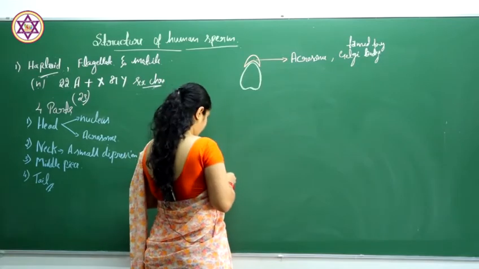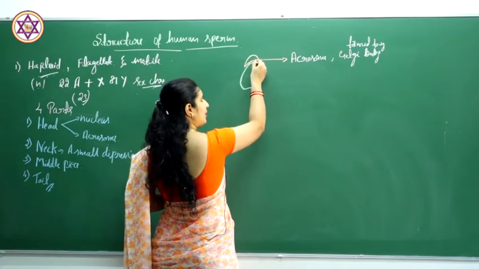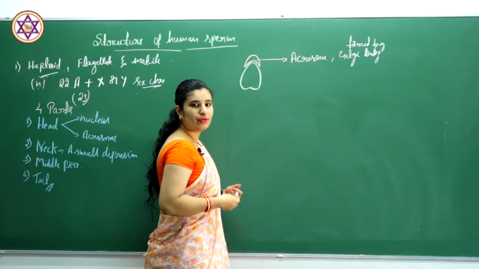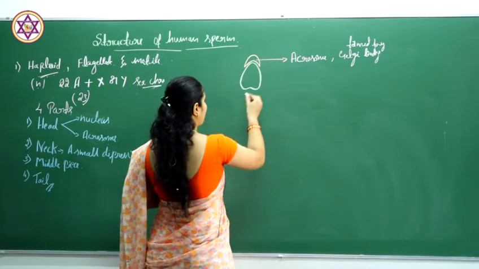Coming to the nucleus, the anterior end is pointed and the posterior end is a kind of depression.